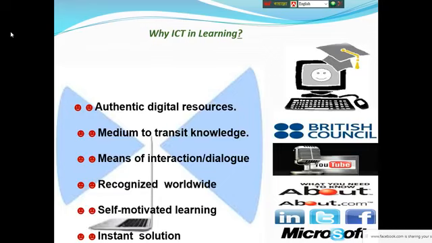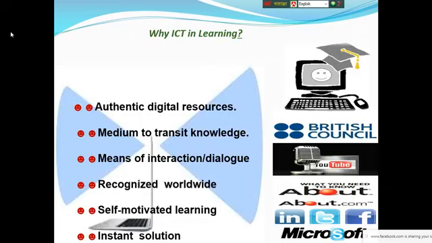And then a medium to transmit knowledge. Using social media, we can share our knowledge with anybody else. And then a means of interaction, dialogue. You can interact with your friends and teachers. And then recognized worldwide. Do you have any doubt about the resources provided by the British Council for learning language?